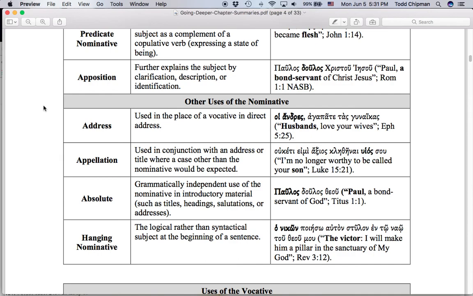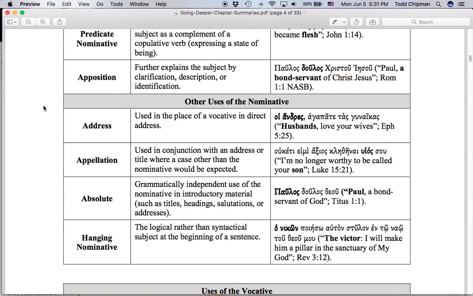The hanging nominative, or the pendant nominative, is independent grammatically, but logically it's still related to the sentence. It's the logical rather than the syntactical subject at the beginning of a sentence. It is connected, but logically rather than grammatically. And it's often used for emphasis, as the textbook notes, pages 59 to 61, especially the top of page 61, and here Revelation 3:12.